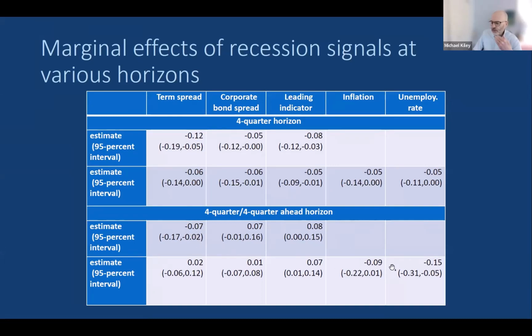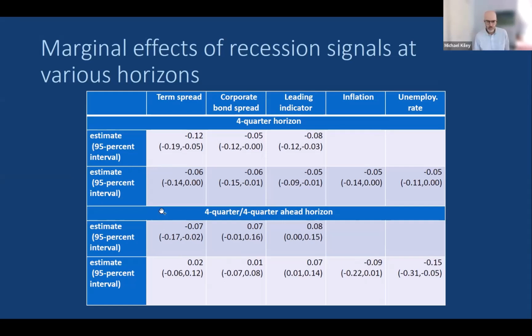But more importantly, if one controls, as in this last column, for the level of inflation or unemployment, the term spread actually does not predict a recession that much. In fact, it has the opposite sign. The leading indicator actually has the opposite sign. And what one sees is that if the unemployment rate is 2 standard deviations below its mean, that increases the probability of recession by 30 percentage points. So that's a big marginal effect.